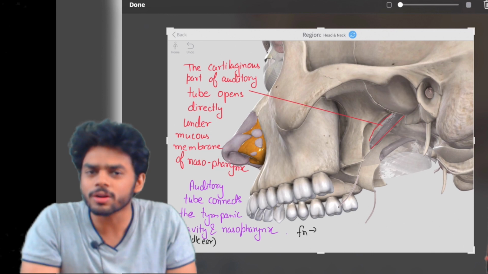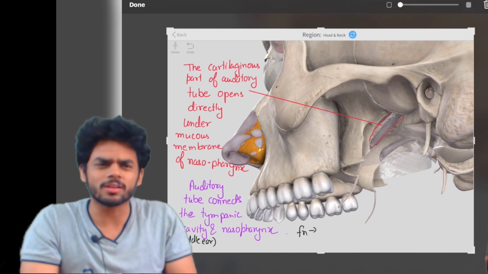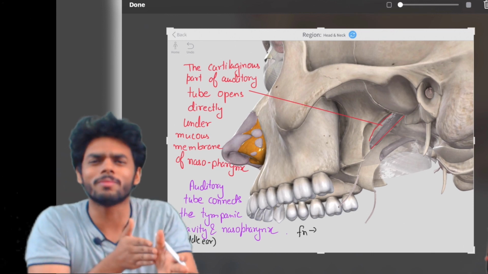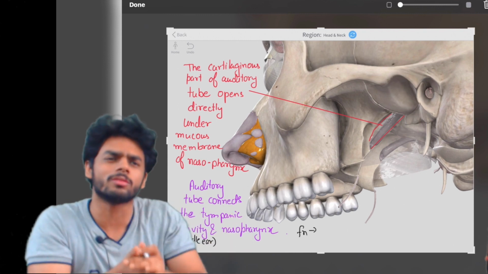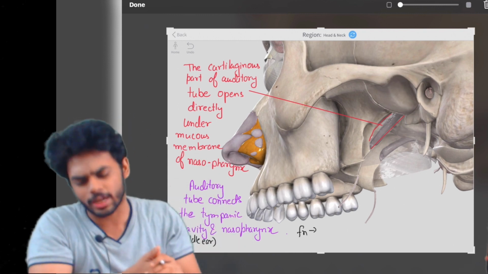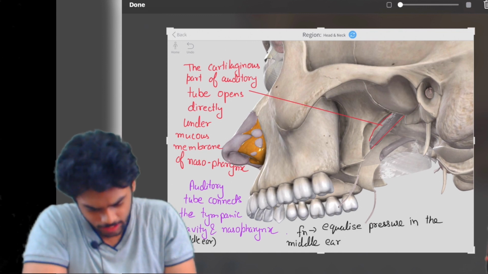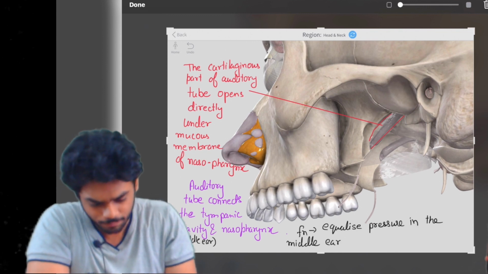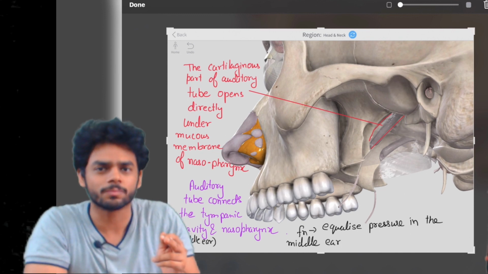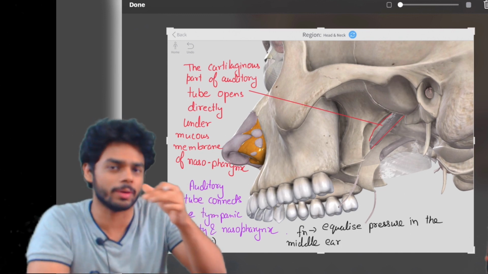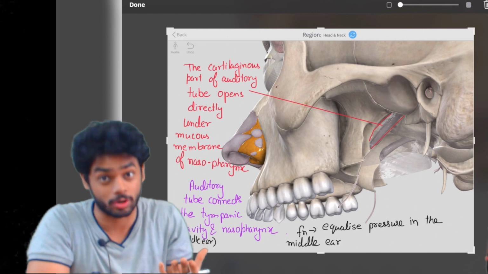What is the function? There are many functions, but let me not go into much detail. We will deal with that in another lecture. First of all, it equalizes the pressure between the external pressure and the middle ear so that the tympanum may not be damaged.